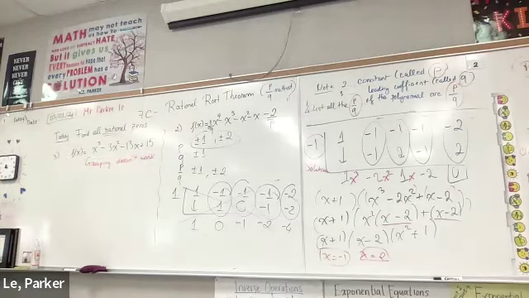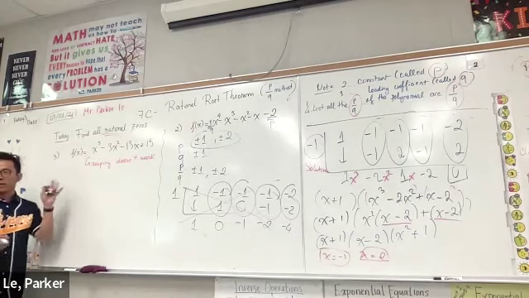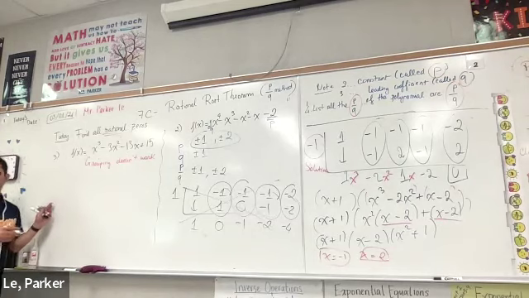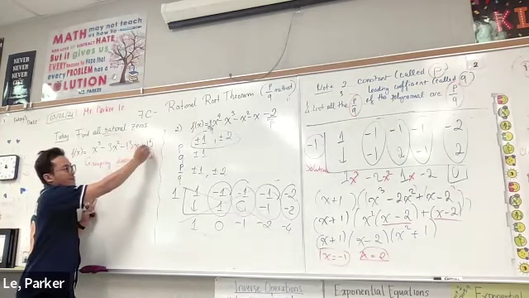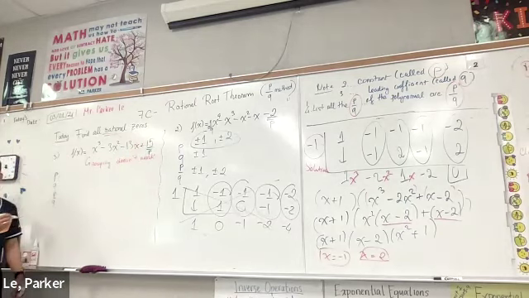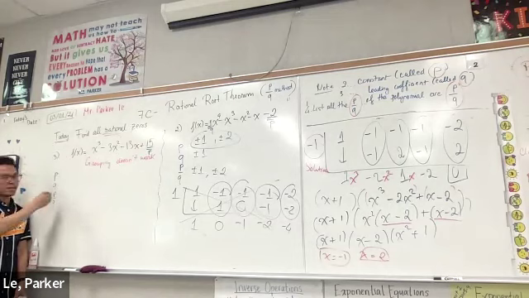All right, if neither method works, then you're going to use the rational root theorem. Without looking at the notes, can you tell me the first step? P over Q. What is P? The factors of 15. Let's start from small to large so you don't miss anything.